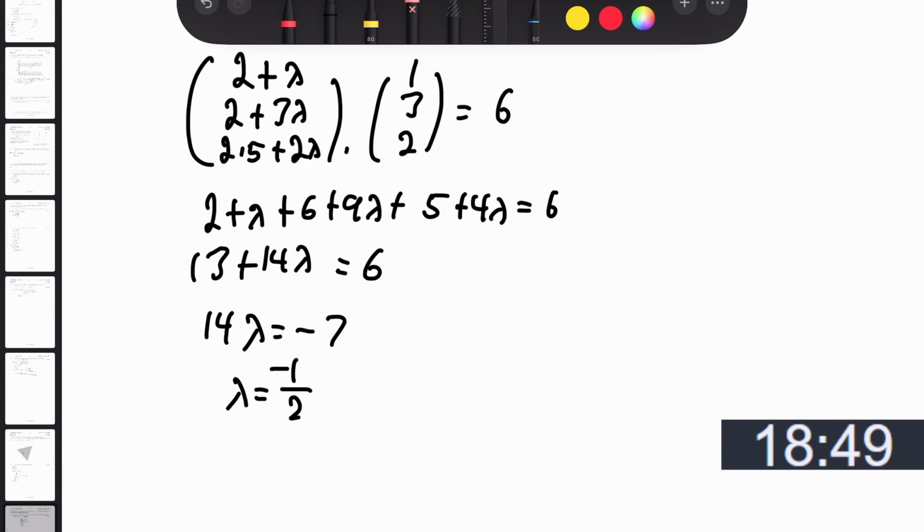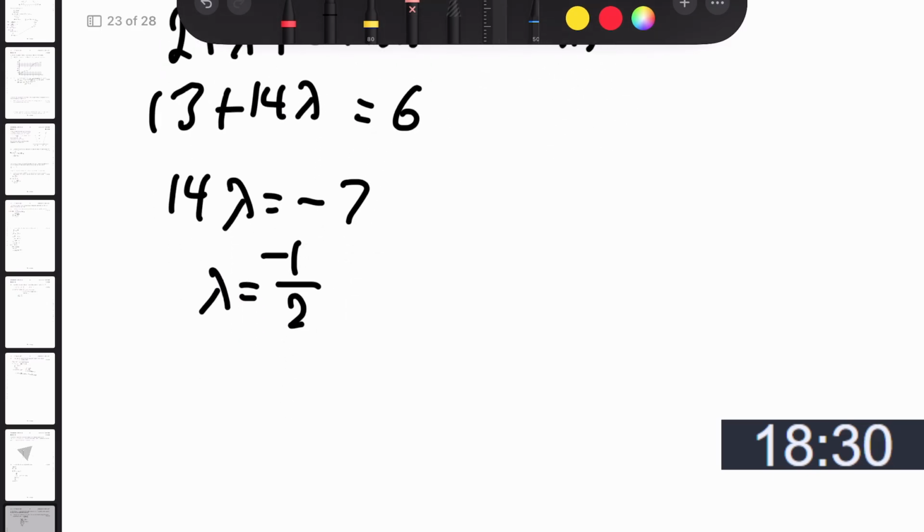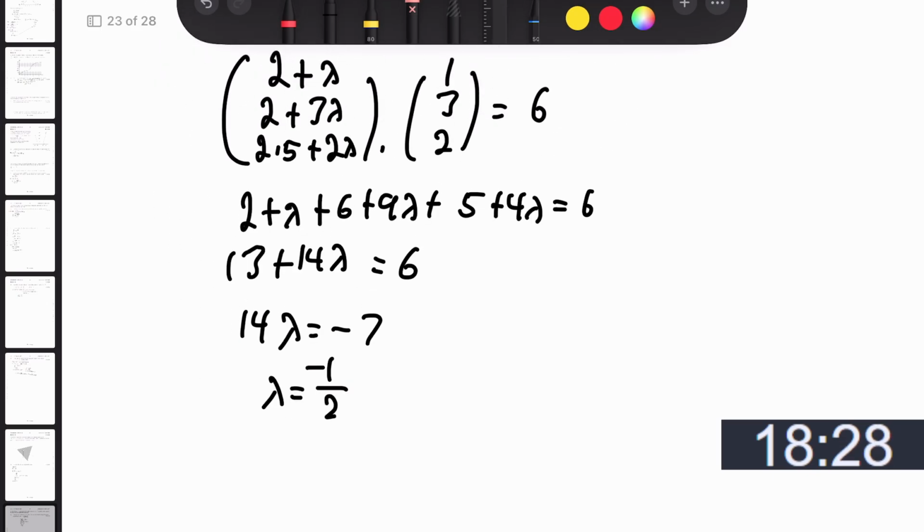So for the dot product between (2 plus x, 2 plus 3x, 2.5 plus 2x) dot (1, 3, 2) equals 6, x is negative 1/2. Okie dokie.